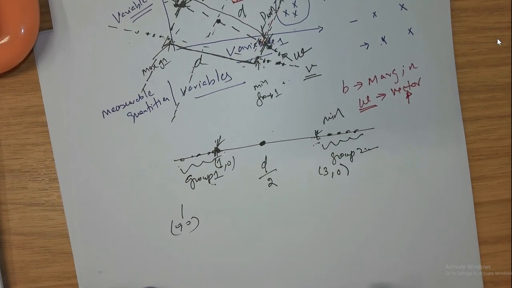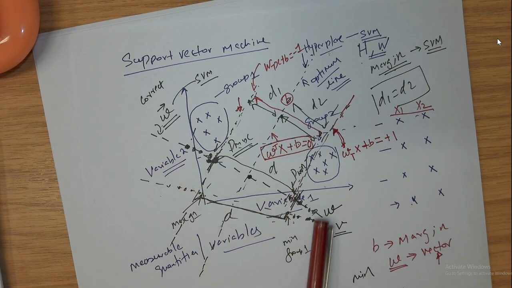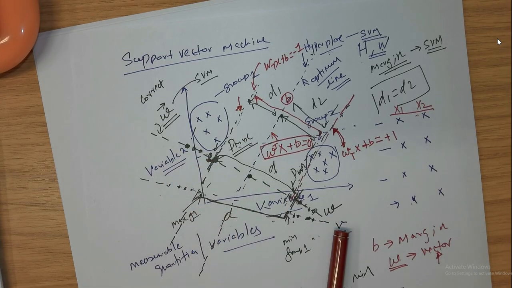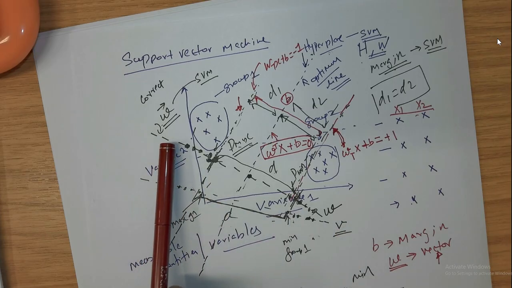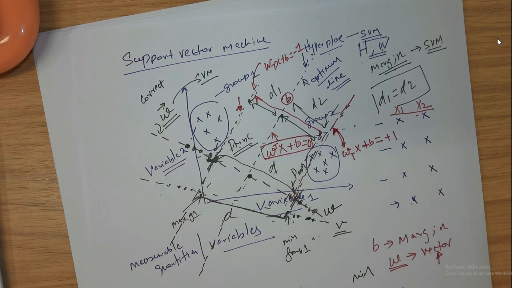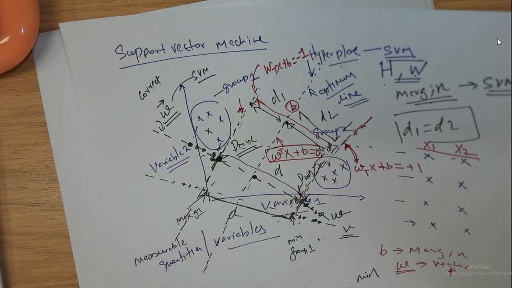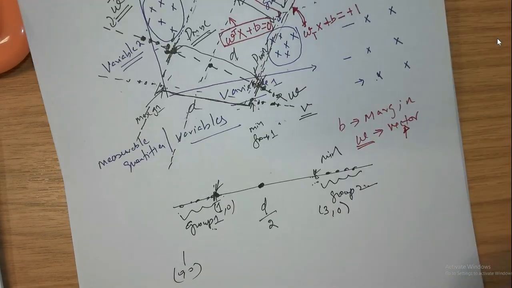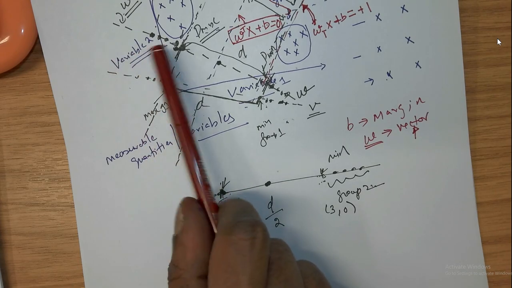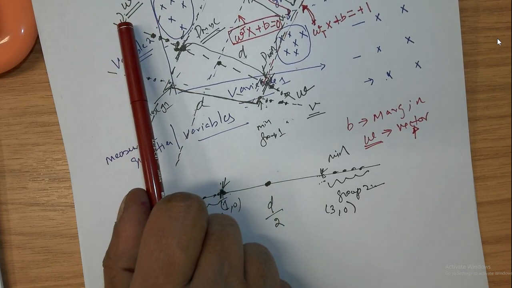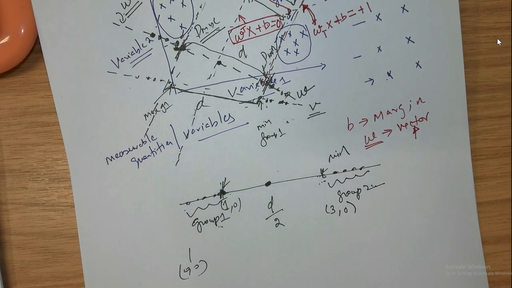Since I said something about w, if you don't remember anything from your undergraduate courses where you might have learned about vectors and matrix multiplication and so on, for support vector machine you should know what a vector is.